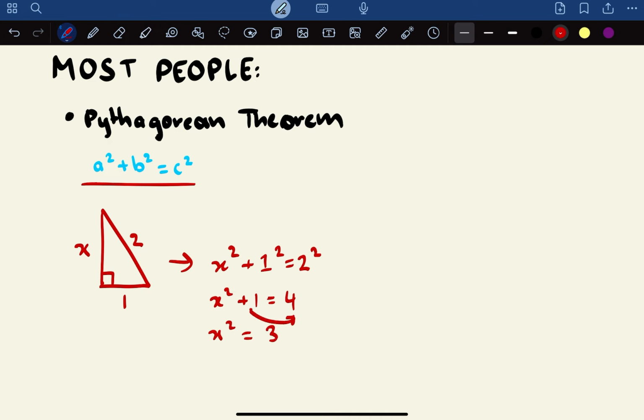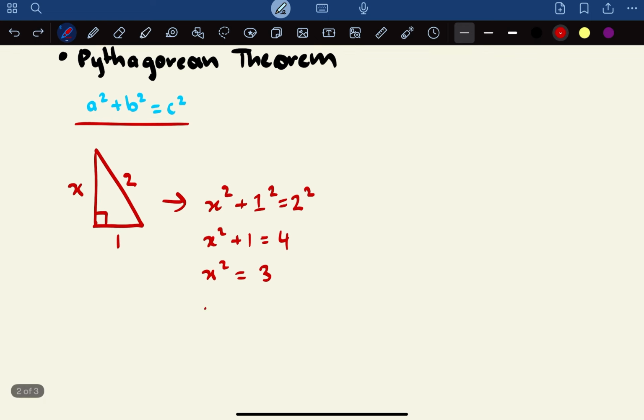When we send the 1 to that side, it becomes a -1, right? So that's why it is a 3 on our right side. So now that means that our x is equal to root 3.